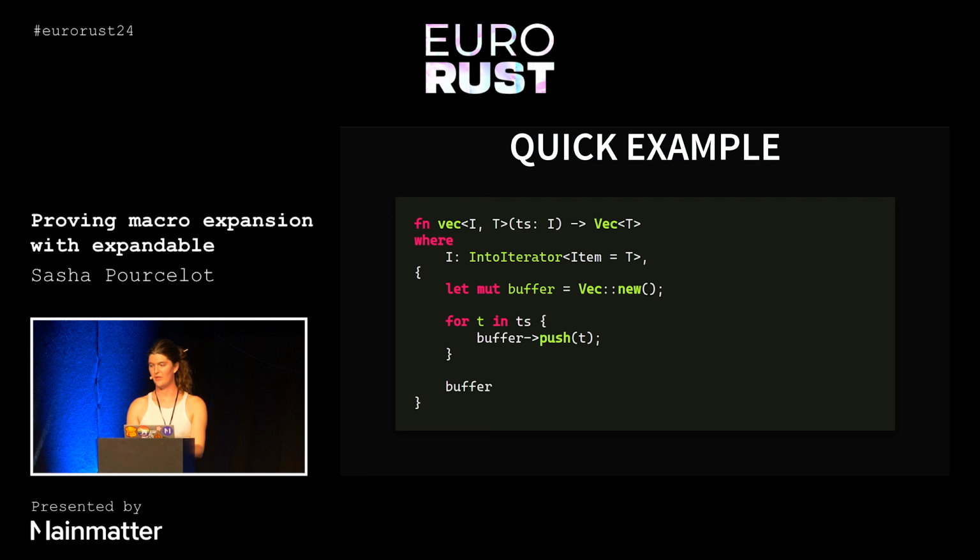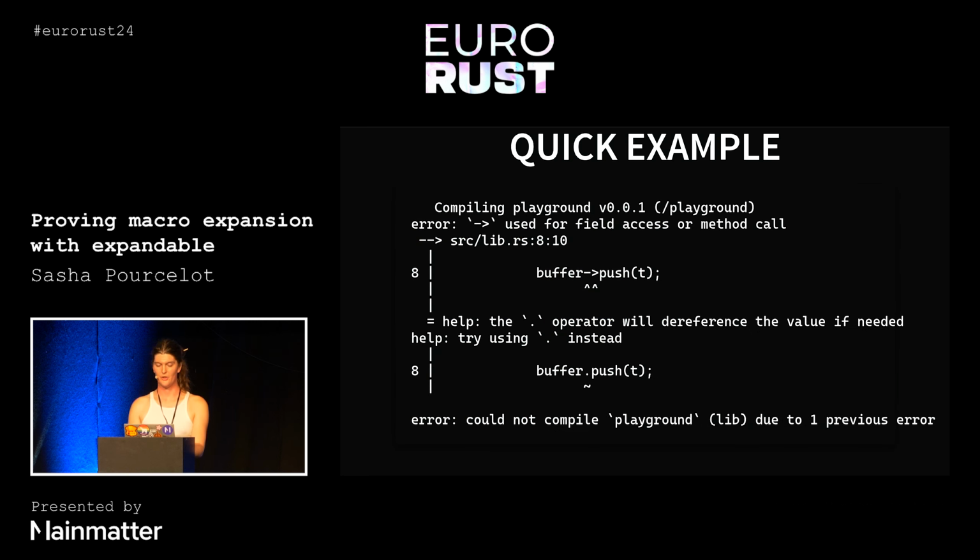What it does is create an empty buffer, then iterate over the input iterator, repeatedly push elements to the vector, and at the end of the function, the vector is returned. Except I used an arrow instead of a dot for the call to the push method. And rustc is smart enough to tell us that this is an error and that we should use the dot operator here.